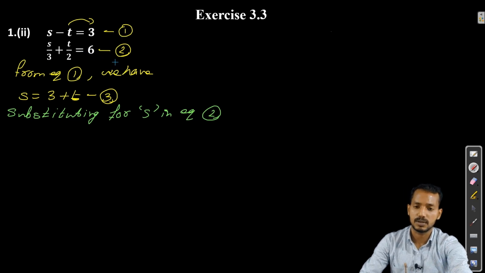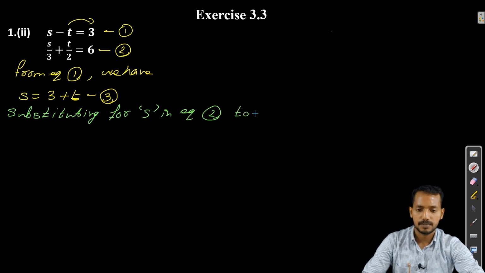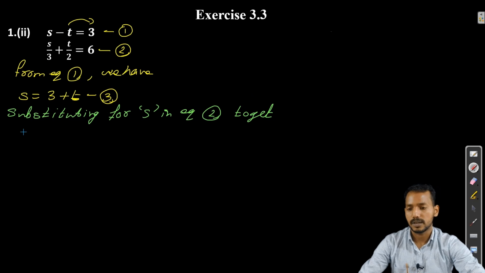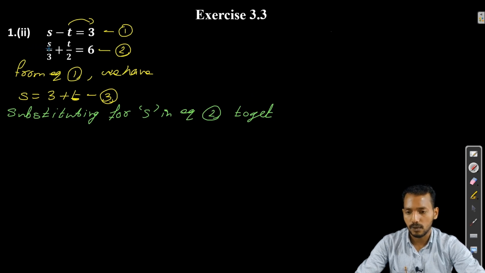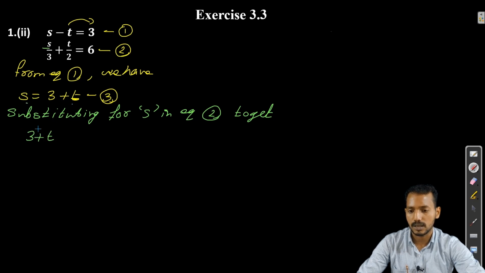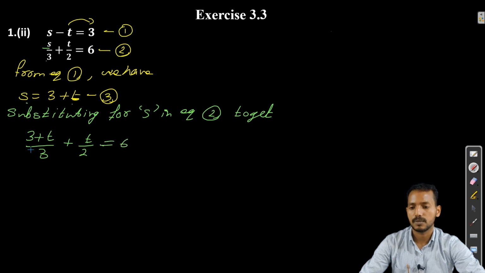We need to substitute in the other equation, that is equation number 2, to get, what is the value of s? 3 plus t. So s equal to (3 plus t) divided by 3. Now the remaining terms are the same, plus t by 2, which is equal to 6.